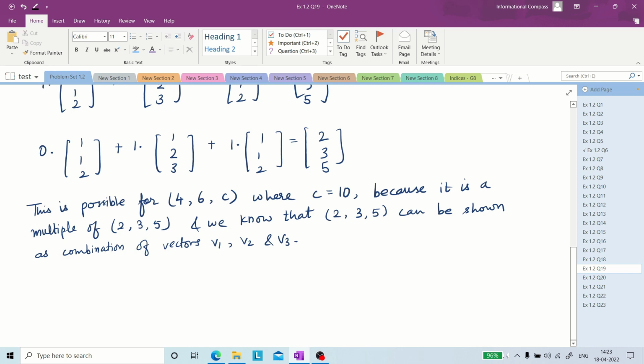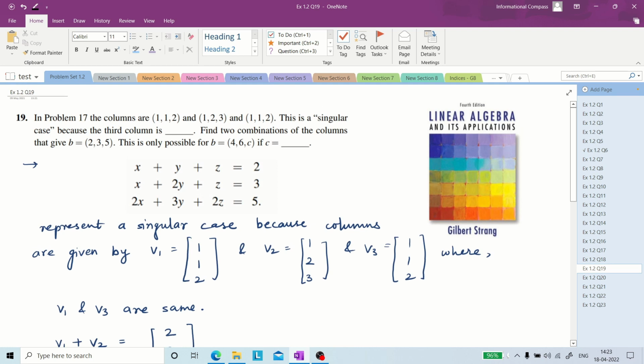So this is the solution for this question, question number 19.